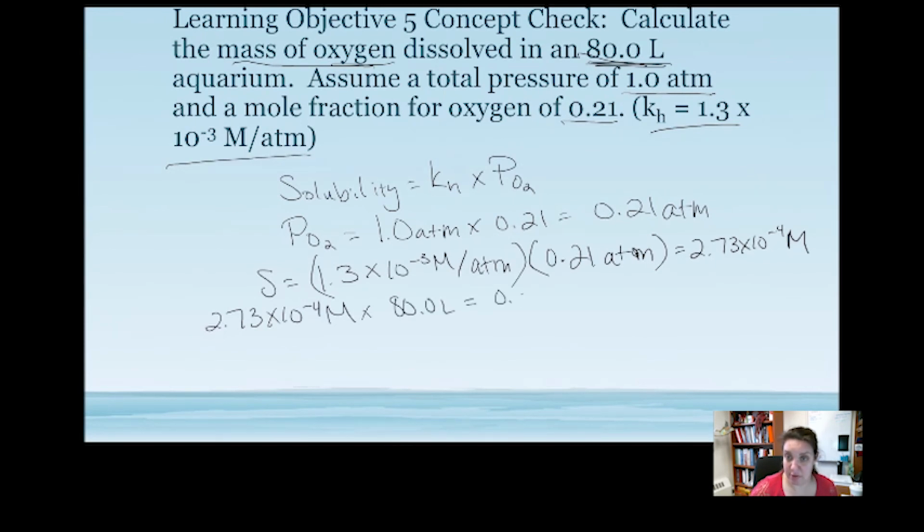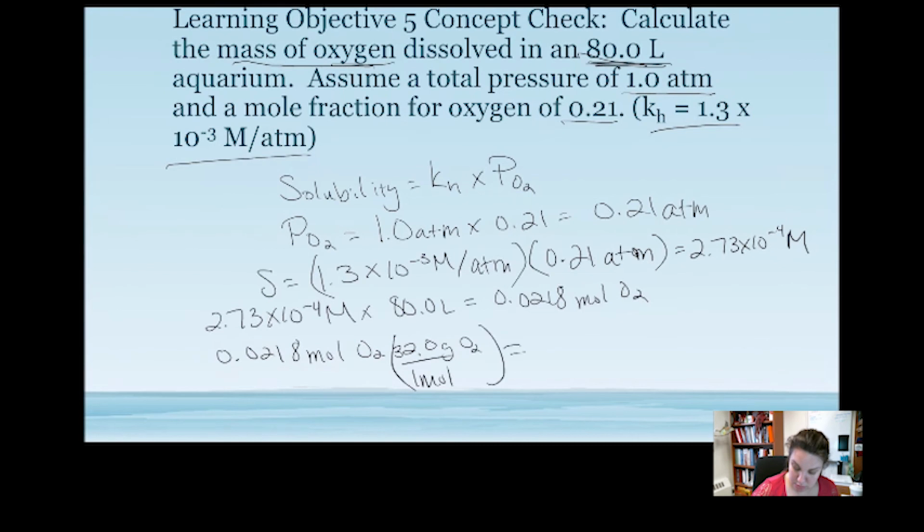That gives us 0.0218 moles of O2, and then we can convert that from moles to grams using our molar mass. And that gives us 0.70 grams of O2 dissolved in that 80 liters of aquarium.